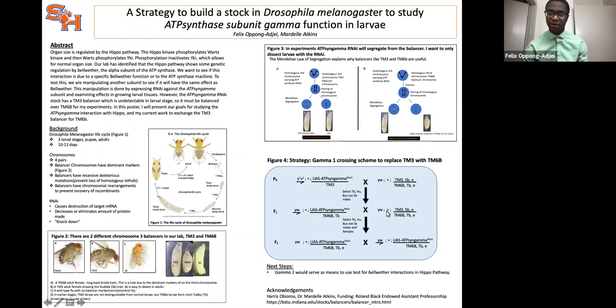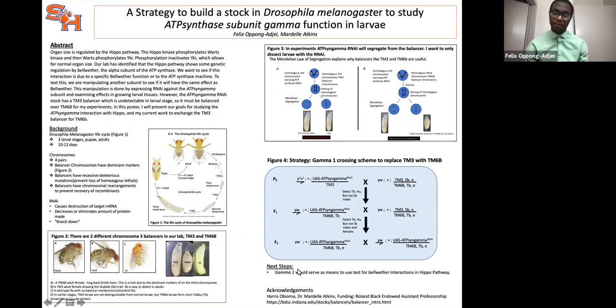Again, we select against TM3 by selecting for characteristics on the TM6B chromosomal balancer, which is Tubby and humeral. And then in the second filial generation, we can be assured that ATP synthase gamma RNAi is balanced with TM6B. And how we know this is because the Mendelian law of segregation ensures that the combinations and the pairing of the homologous chromosomes during meiosis would yield ATP synthase RNAi over TM6B, and our phenotypes are a way for us to know that we're looking at the right progeny.